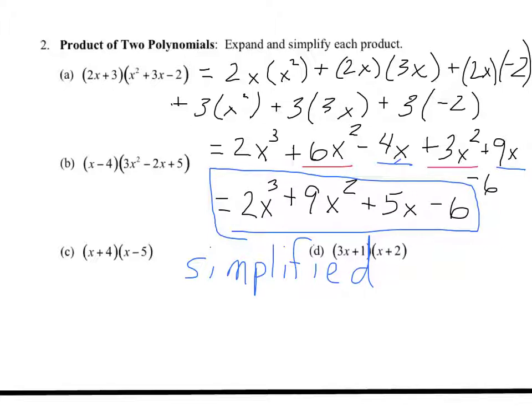So notice in simplified form, there are no like terms. We can't do any of the addition or subtraction. No other operations can be performed. And again, each term is separated by a plus or a minus. So we've got 1, 2, 3, 4 terms in the simplified form of this polynomial.